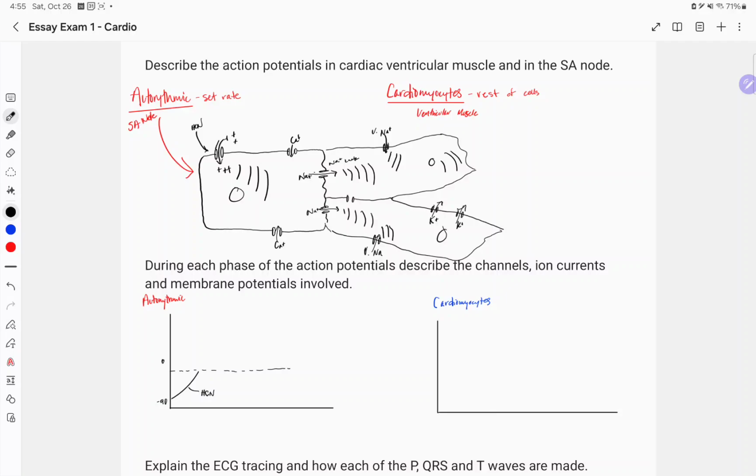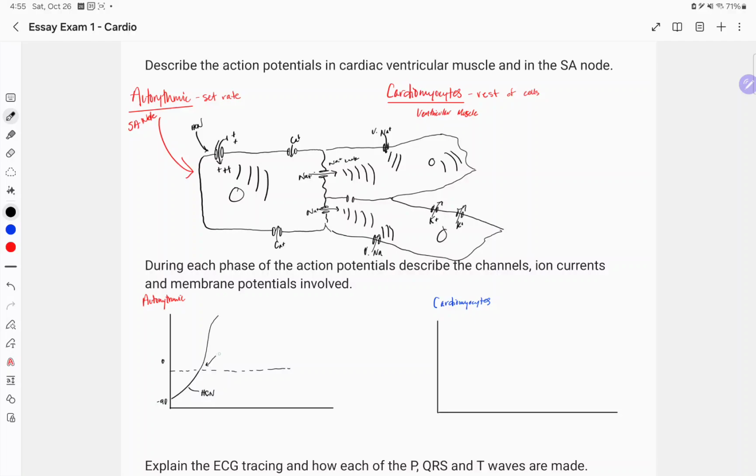For our autorhythmic cells, HCN brings the cell membrane to threshold, and then right here I'm going to draw this as kind of an action potential.